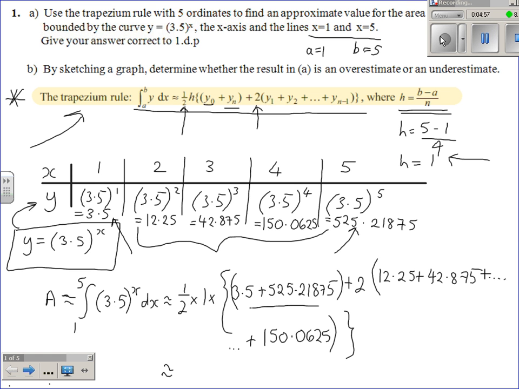And your final answer, if I can write this down, you should get 469.546875. Write that down so that you've shown you've got the right answer, and that is equal to 469.5 to 1 decimal place, which is your final answer.